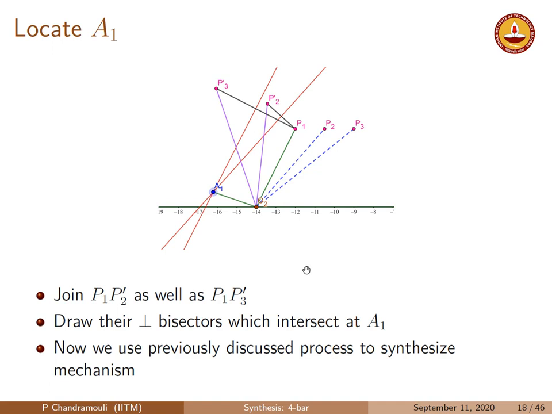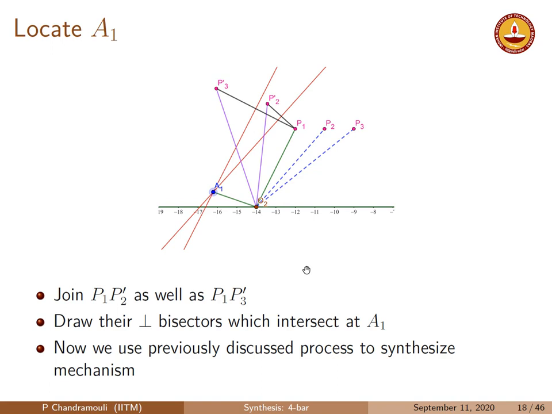The intersection is at A1. So we have now located the first crank position O2 A1. Remember, O2 A2 is 35 degrees rotation from O2 A1 in the clockwise direction, and O2 A2 rotated by another 35 degrees will take me to O2 A3, which is in the other direction.